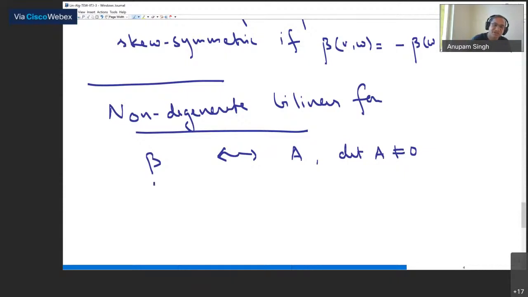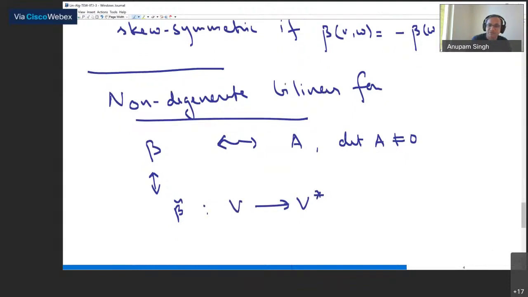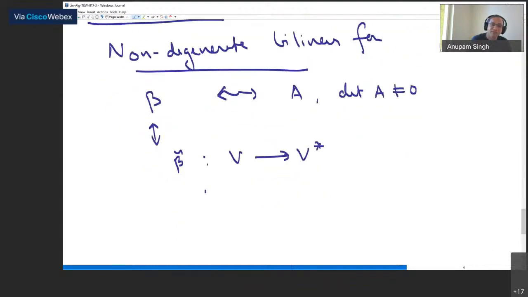This also translates that if I think of beta inducing a map beta tilde from V to V star, and this map is defined as follows: beta tilde of any vector v acting on some w is defined to be just beta of v comma w. That means if I fix the first coordinate v, it is linear in the second coordinate, right?